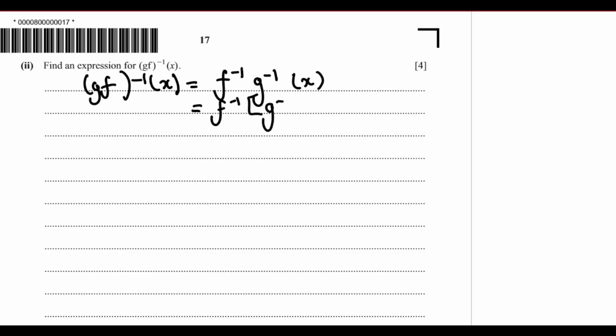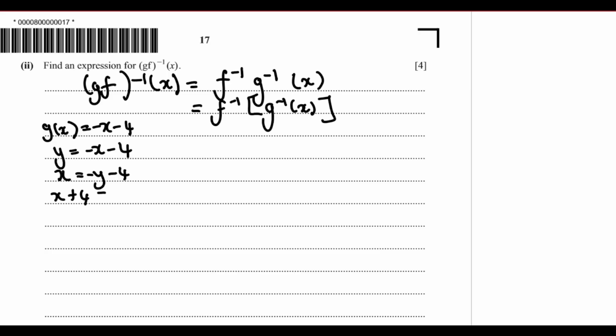Now we need g inverse. g is negative x minus 4. So if I find the inverse, I have x plus 4 is negative y. So y is just negative x minus 4. So g inverse is the same as g, actually.